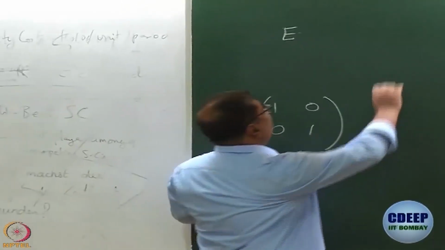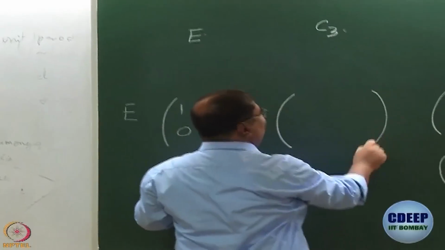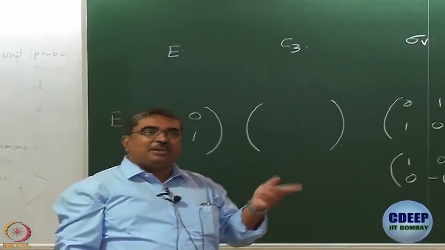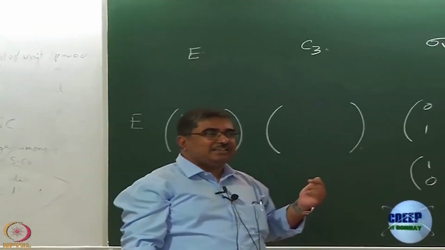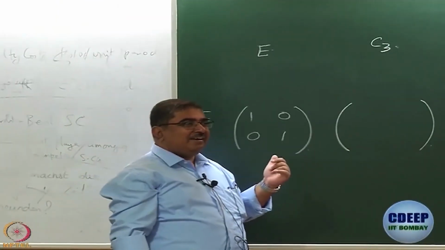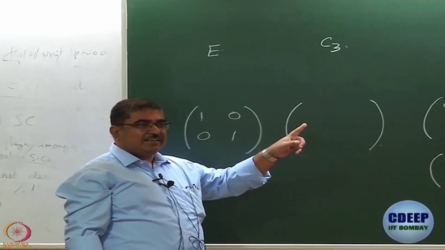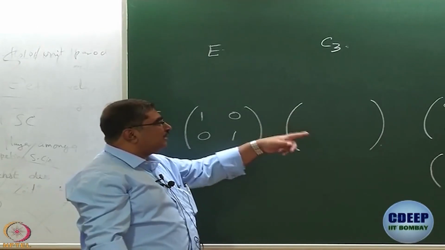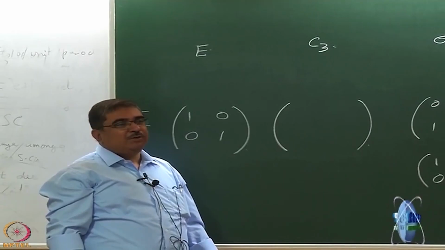Now let us work out C3. The C3 is something that we should be able to do, because we know the matrix for rotation by theta. Remember the matrix for rotation by theta, what was it? Cos theta, minus sin theta, sin theta, cos theta, isn't it? What is theta for C3? 120 degrees.